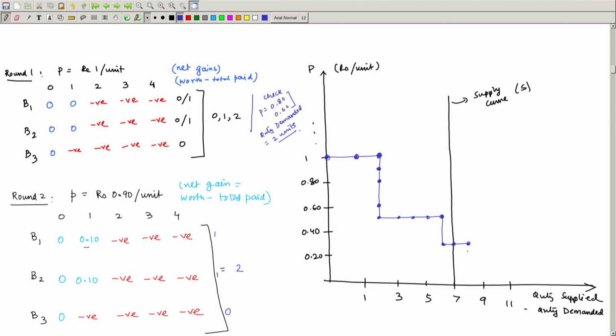Now you can see the trend, right, it looks like a stepped or staircase sort of picture. And if you take other prices, it will continue to look somewhat like this. This line that you have is telling us what is the quantity demanded at each and every price, and that is my demand curve.